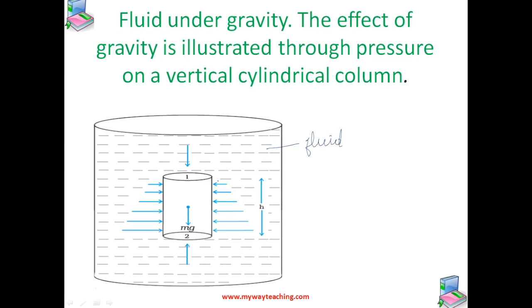Point one, you can see here. This is point one, and this is point two. Point one is at a height h above point two, isn't it? The pressures at point one and two are different because they are at different heights.